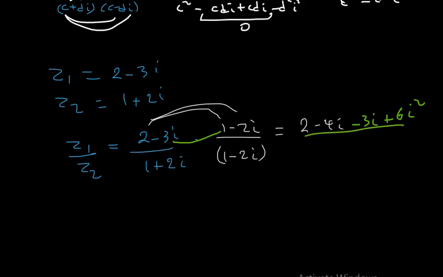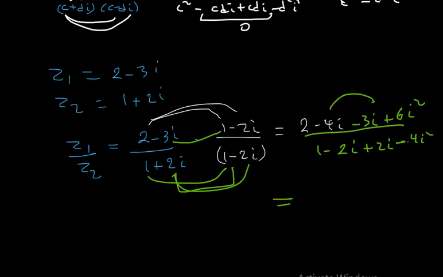Do the same thing in the denominator. 1 times 1 minus 2i gives 1 minus 2i, then 2i, and finally minus 4i squared. So the numerator is 2 minus 7i, and then the 6i squared is minus 6, because i squared is the same as minus 1.